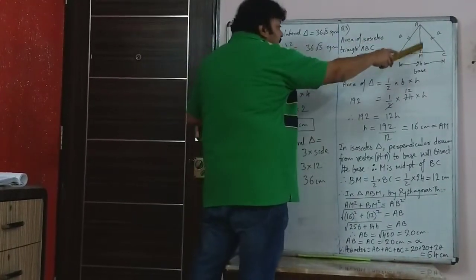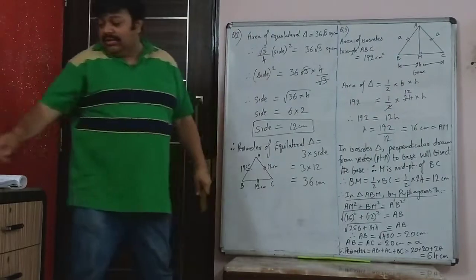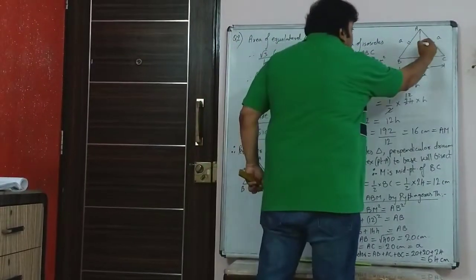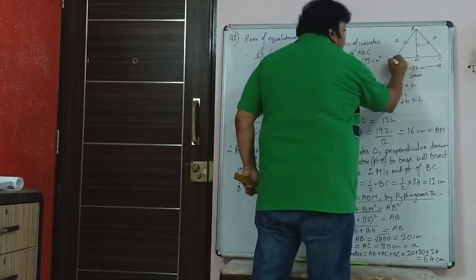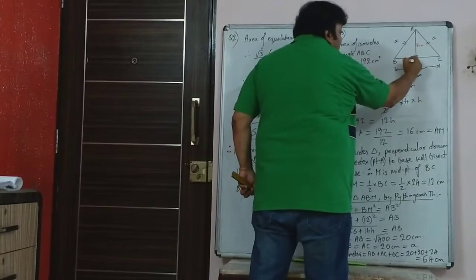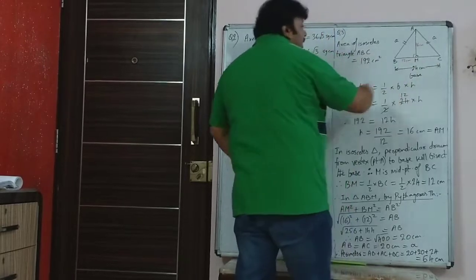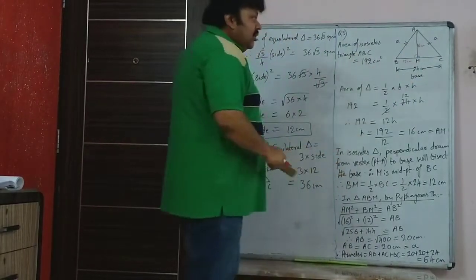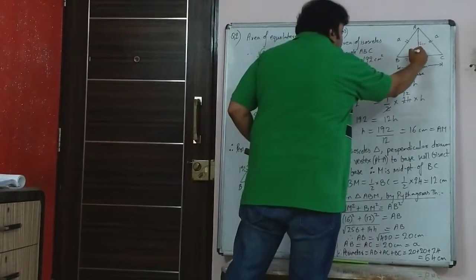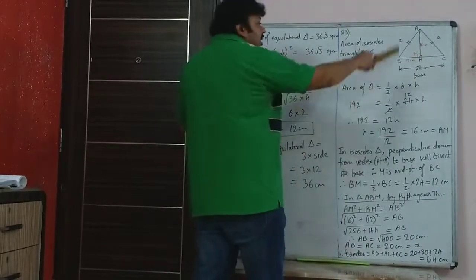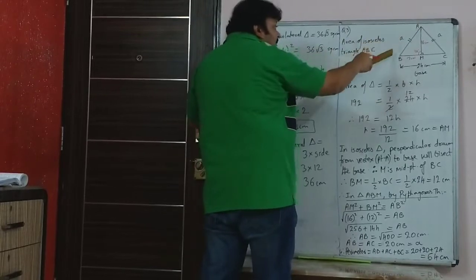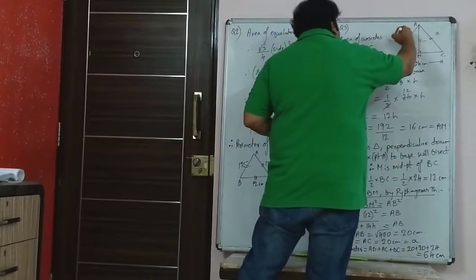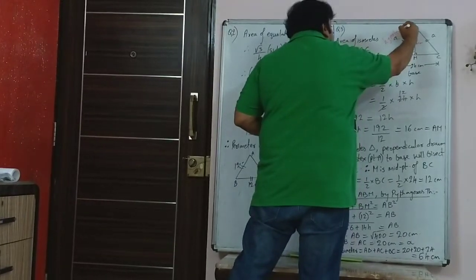So by finding this height and by knowing the two sides, that is by knowing now that the height is 16 centimeter and this is 12 centimeter, and by knowing that the perpendicular height is always perpendicular to the base, so we know this is 90 degree, and in a right angle triangle the side opposite 90 degree, that is AB, is called the hypotenuse.